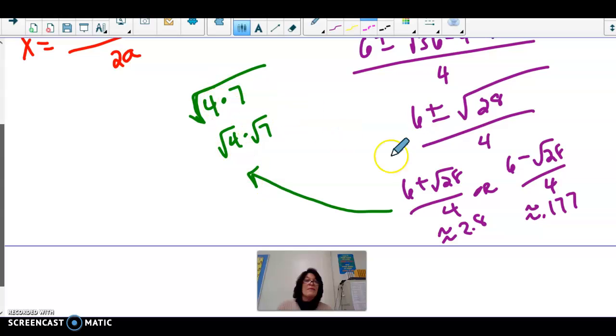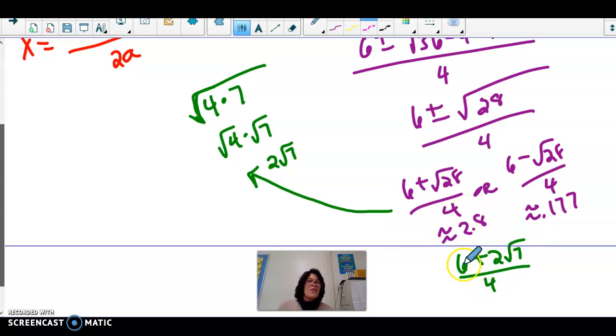If I can factor a number such that one of the factors I can take the square root of, that makes this a little easier. So the square root of 28 is the same as 2 square roots of 7. I could have written this as 6 plus 2 square roots of 7 over 4.